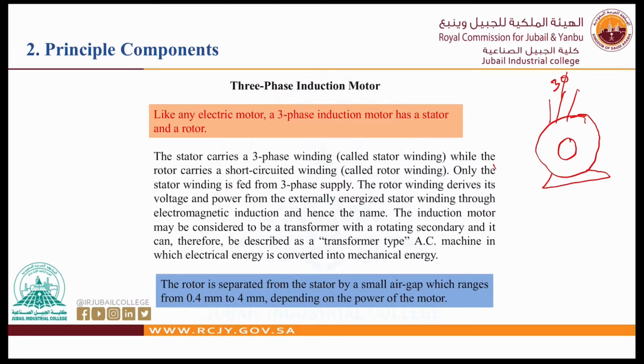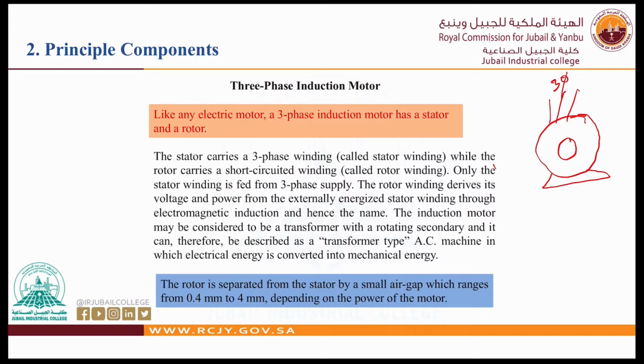Okay, because we have an air gap, right? In order to move the rotor, we will have an air gap between the stator and rotor. So the electromagnetic field will go from the stator to the rotor through the air gap, and this is called induction. This is just only the principle.